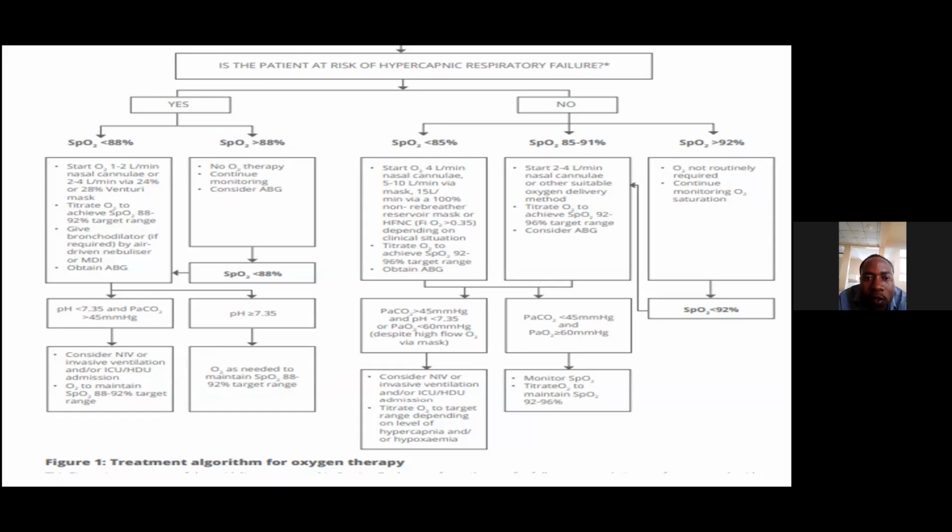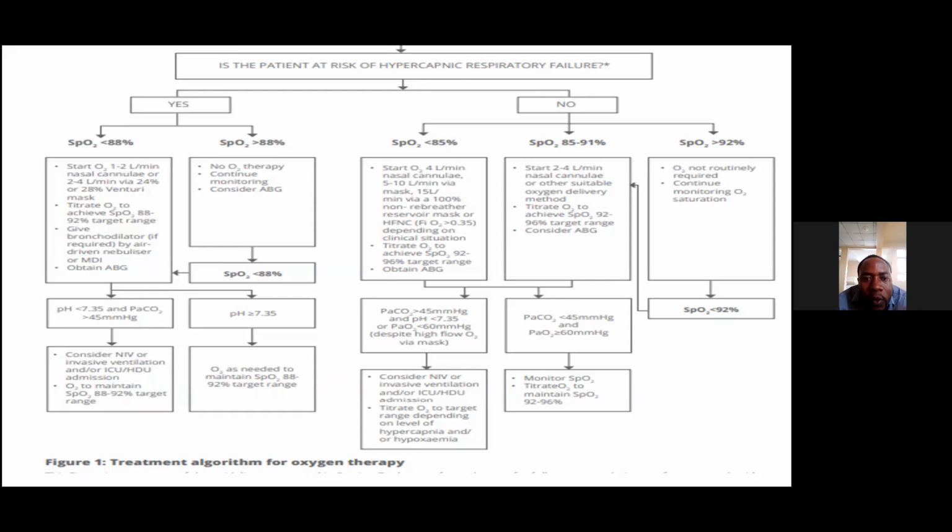If not, you can try to nebulize if it is a COPD patient who is having wheezing or other obstructive pulmonary disease, or if it is a CNS depression condition which can cause hypercapnic respiratory failure.